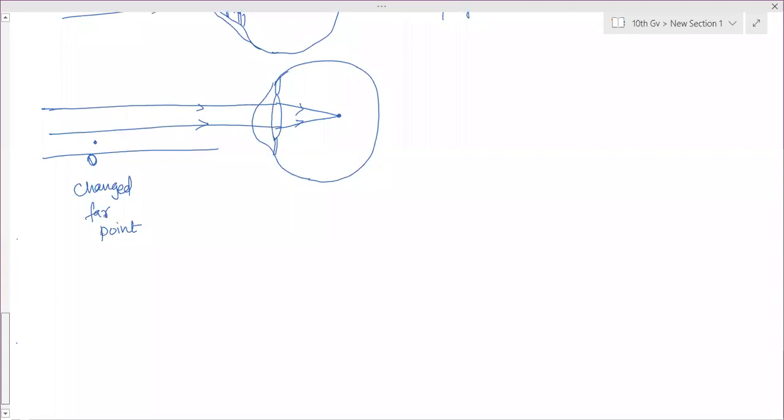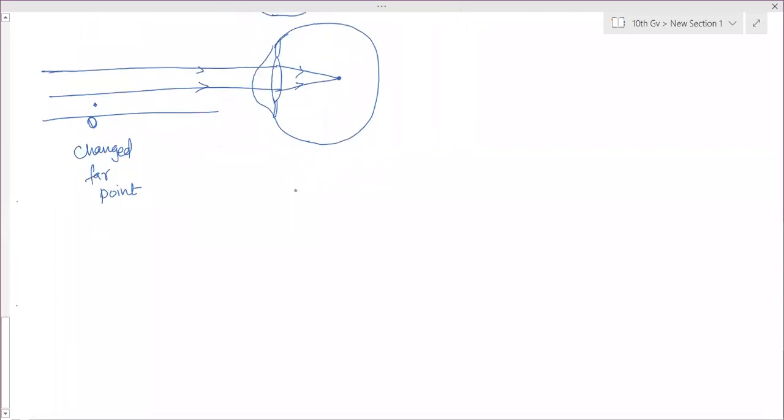Now what happened? The rays from the far point, this is the far point in front of the eye.